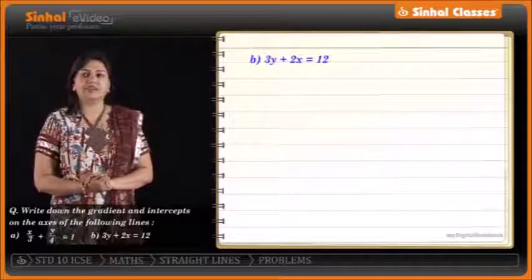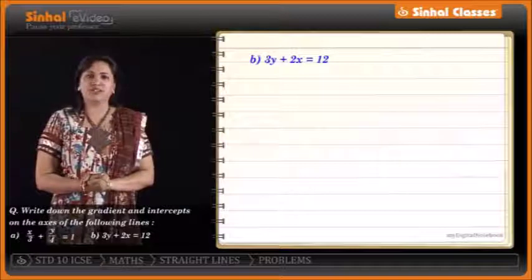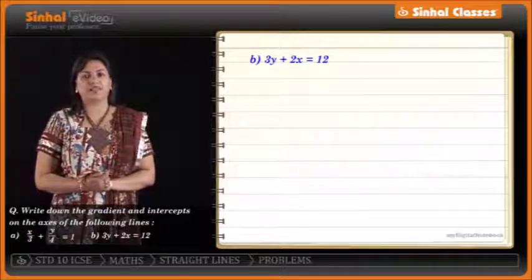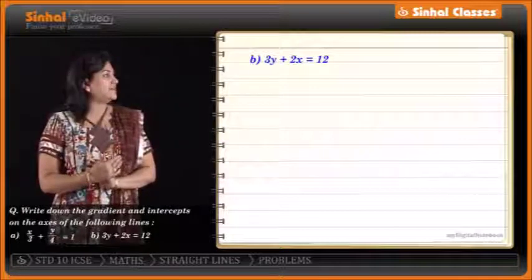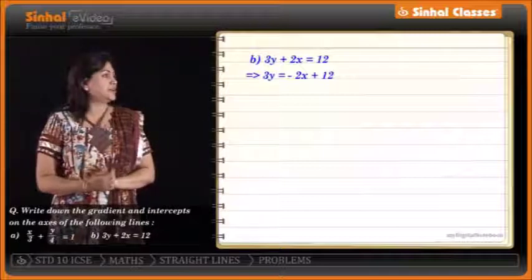Here we are given the equation as 3y plus 2x is equal to 12. We write this in the form y is equal to mx plus c. We have 3y is equal to minus 2x plus 12.